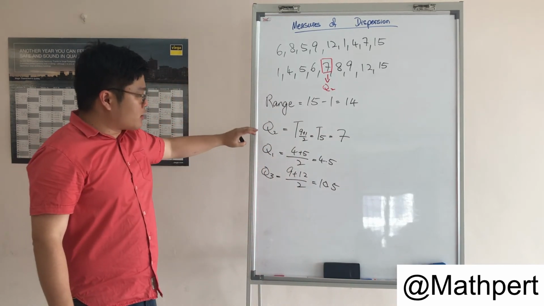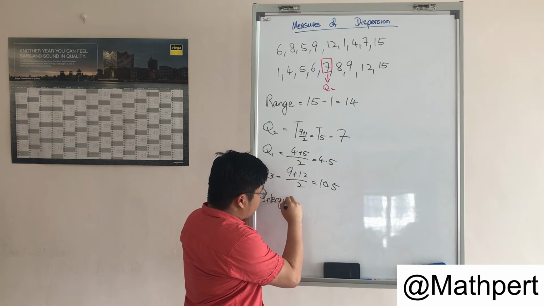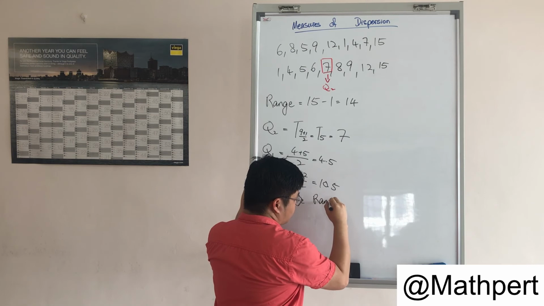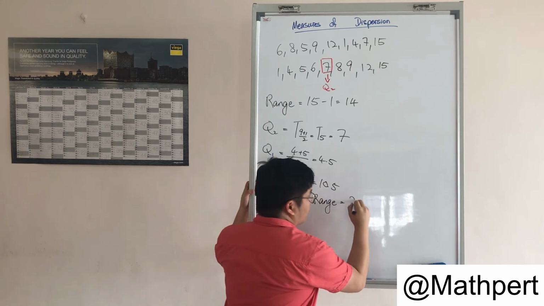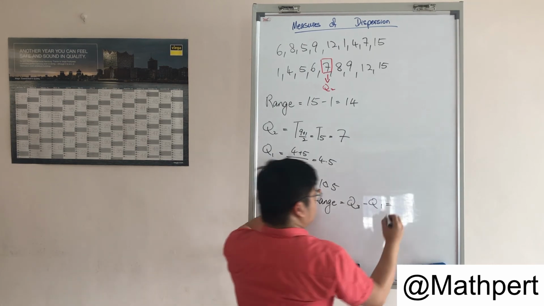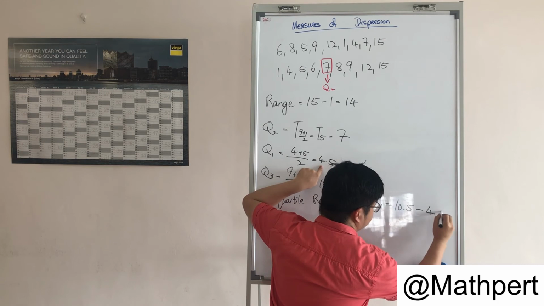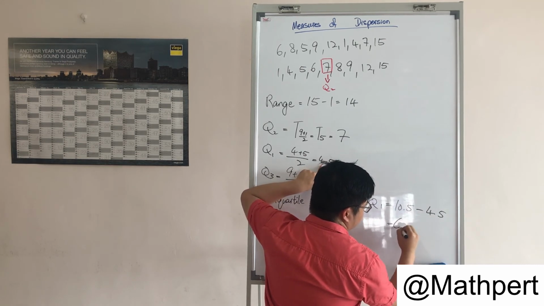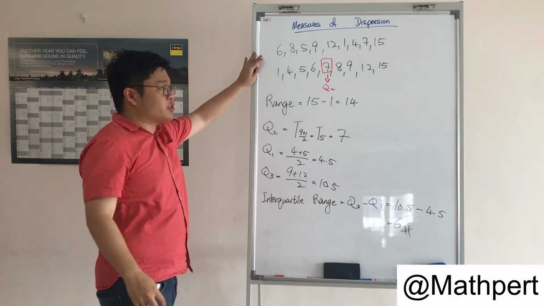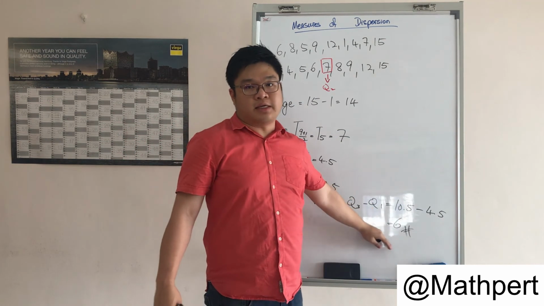So the interquartile range is equal to Q3 minus Q1. Q3 is 10.5 and Q1 is 4.5. So we get 6. So the range for this question is 14 and the interquartile range is 6.